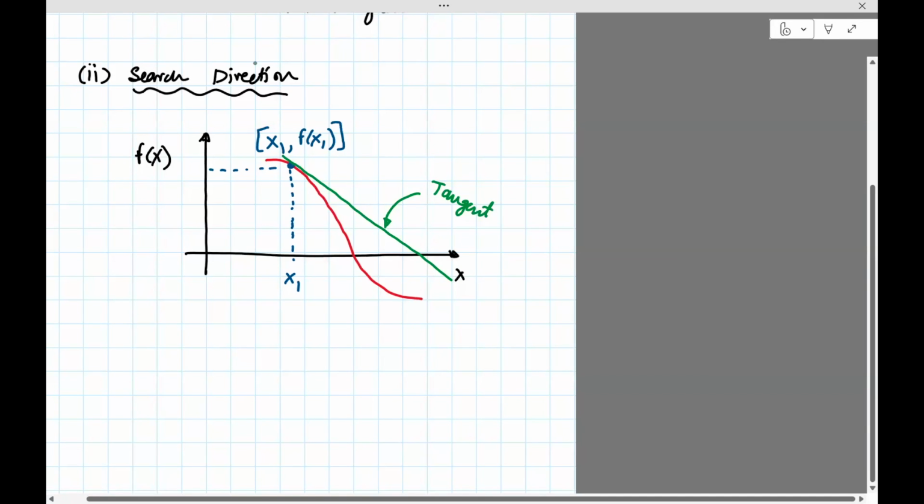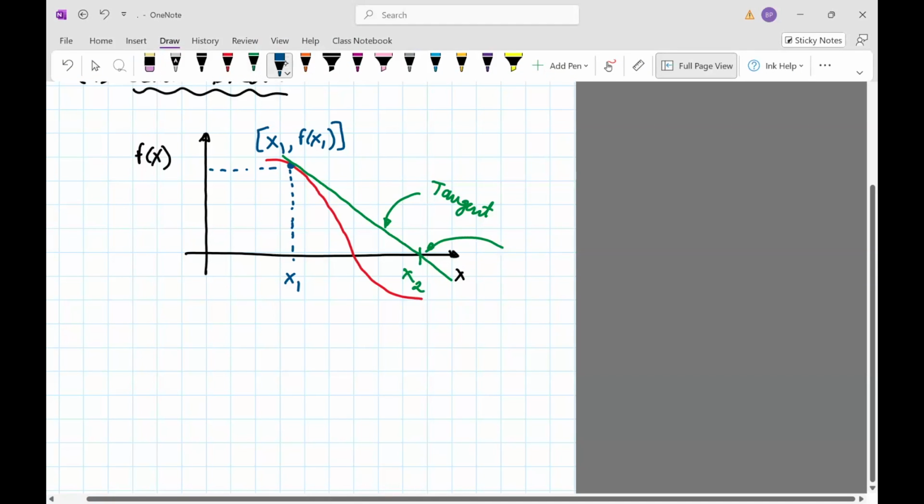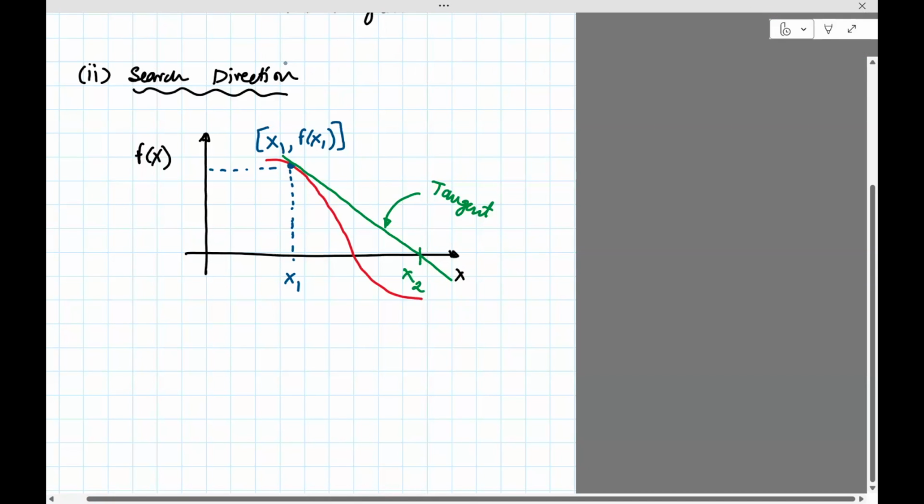And as you can see, the tangent line intersects the x-axis at some point x2. In fact, the coordinate of this point is going to be x2 for the x-axis and 0 for the y-axis.